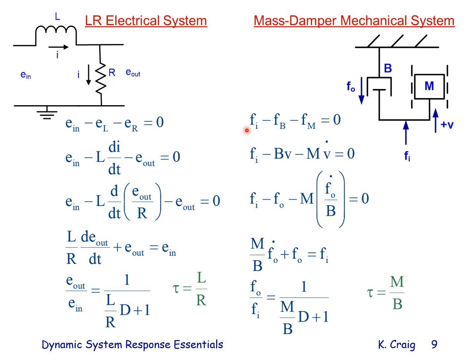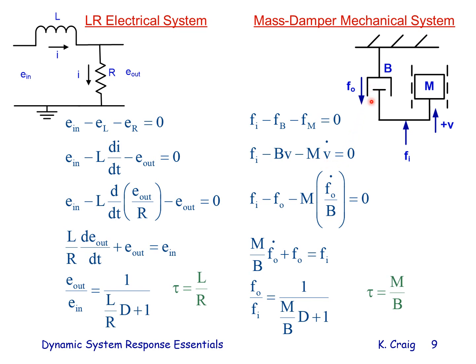Sum of the forces: force in minus the force in the damper minus the force of the mass equals 0. Force in minus the force of the damper is simply B times the relative velocity of the ends of the damper. One end of the damper is fixed, the other end moves with velocity V, so minus B times V, minus the inertial force, which is mass times acceleration, M times V dot.